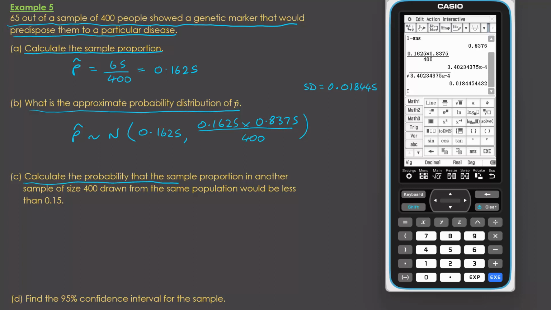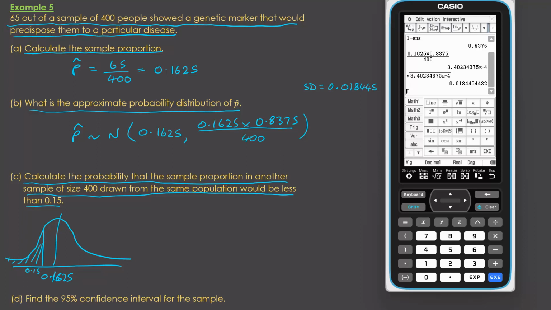Calculate the probability that the sample proportion in another sample of size 400 drawn from the same population would be less than 0.15. So 0.1625 is our current estimate of P. And all we're after here, this is 0.15 there, is this probability.